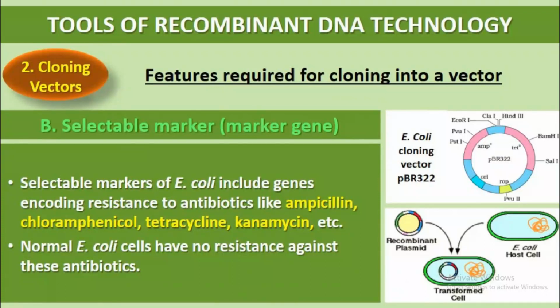There is no ampicillin resistant gene or tetracycline resistant gene. These genes are absent in ColE1, the naturally occurring plasmid of E. coli, while these two are added to make pBR322. I think it is clear.